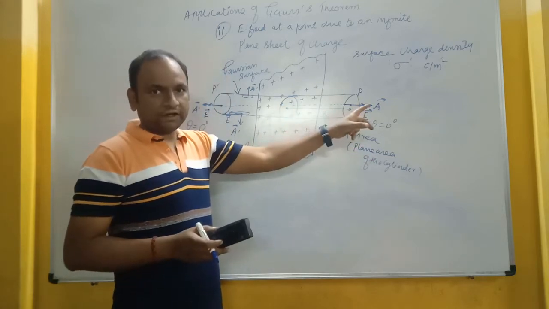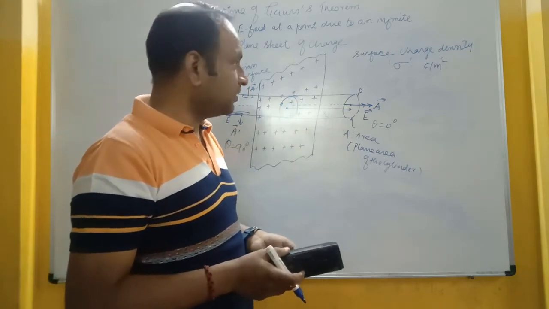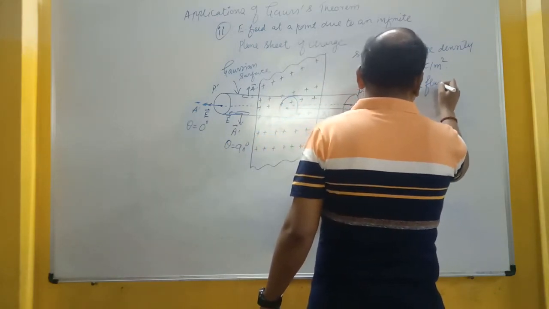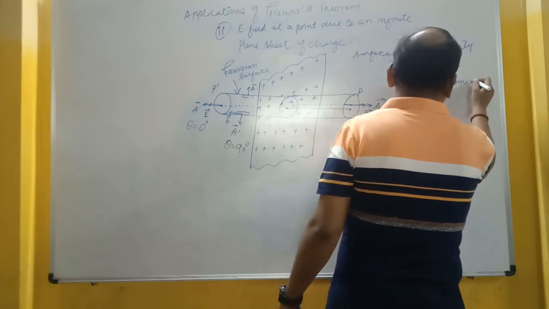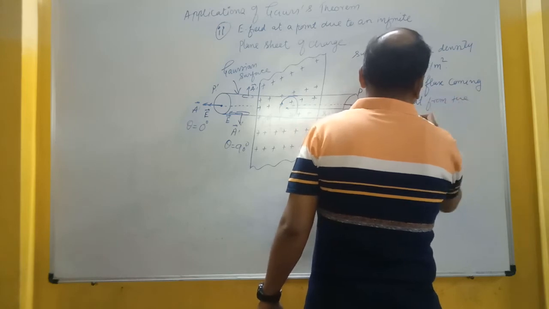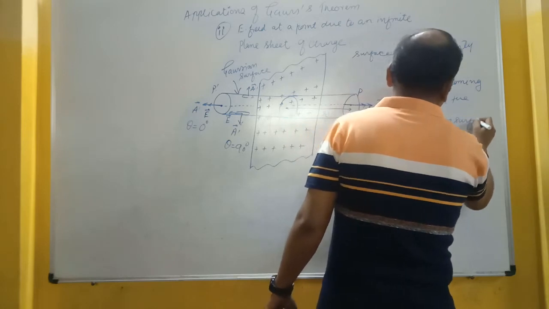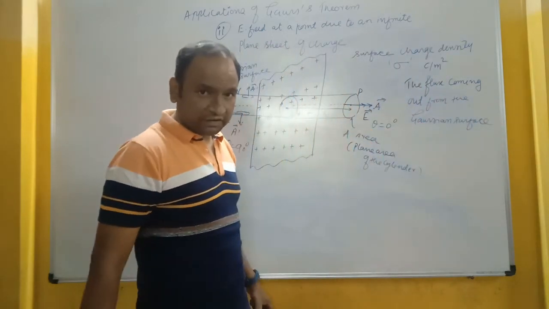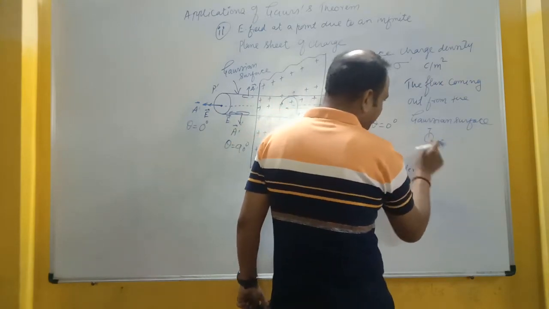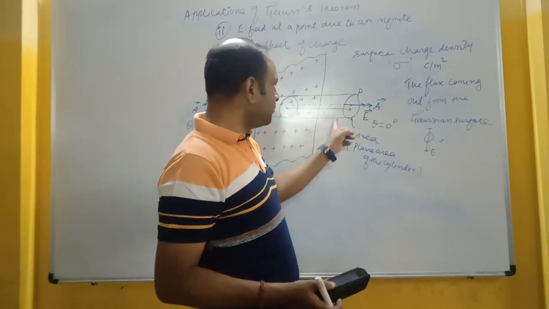Okay, so if I calculate the total flux coming out from the Gaussian surface, what is that? Again from definition, the total flux is phi E. E means electric field, phi E, the electric flux, which is E into A into cos theta.